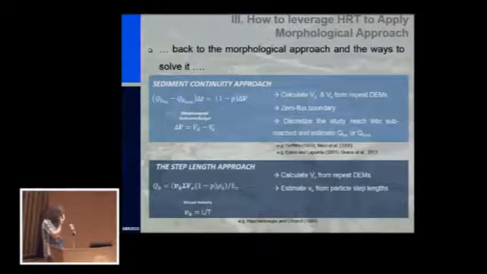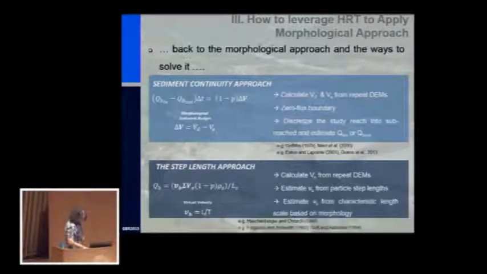And for that, we can use tracers, as we saw in some of the examples before, or we can get an estimate of the step length of the particles based on the morphology, based on the erosional features that we can look at in the DoDs, or based on riffle-pool sequences on bars, or even on the meander wavelengths. There are different approaches to do it.